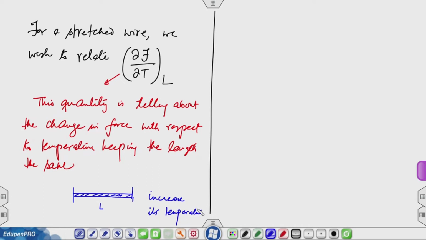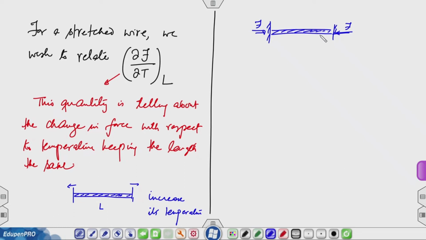As you increase the temperature, the length is going to increase. So what does one do? This wall applies a force this way so that the length goes back to the original one.